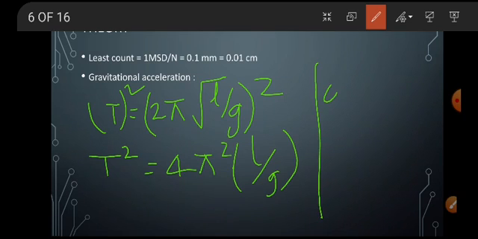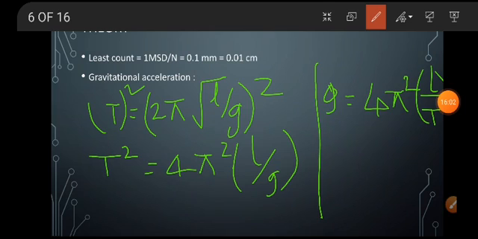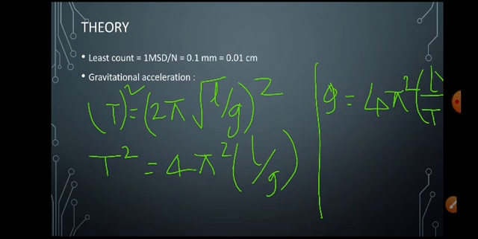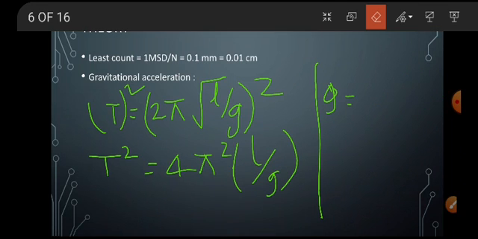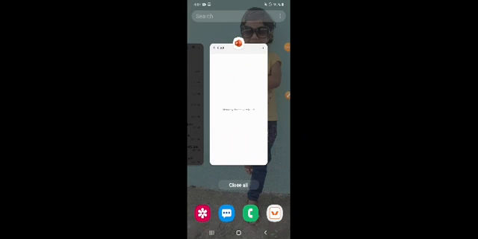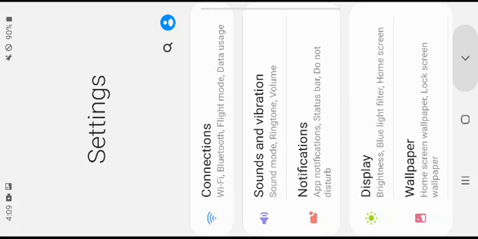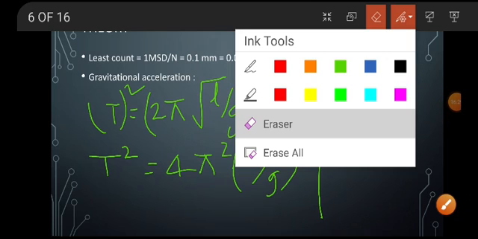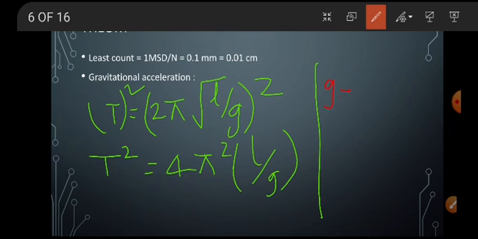Now from this equation, g equals 4 pi square L by T square, where g is the gravitational acceleration, L is the length of the pendulum, and T is the time period.